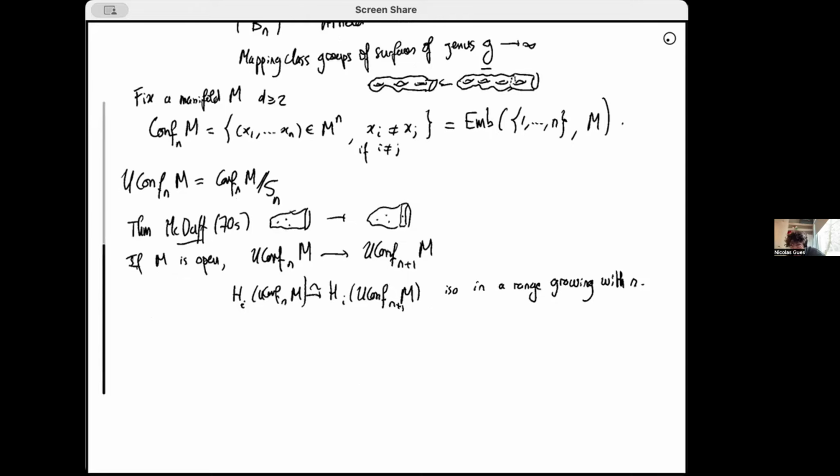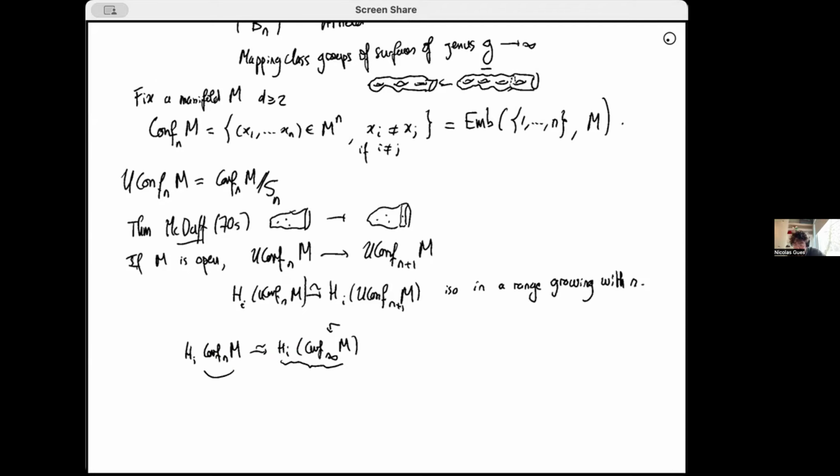So this kind of theorem is interesting because the homology of these spaces is notoriously hard to compute. And if you know that there's homological stability, you can hope to compute more groups. For example, if you know that H_i of configurations on n points is isomorphic to the one on n plus 1 points, you can identify this with the homology of some limit space that I will write conf infinity of M. And maybe this has more structure than just the configuration on n points, and so you can extract some information from this fact and help compute this part.